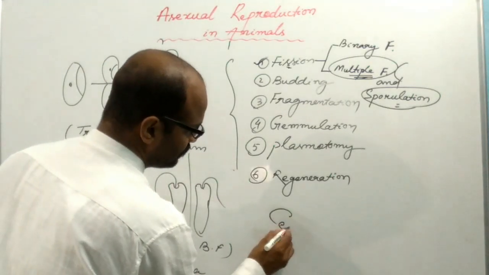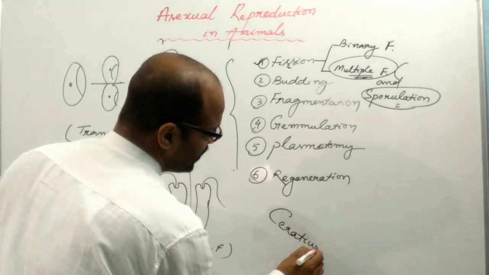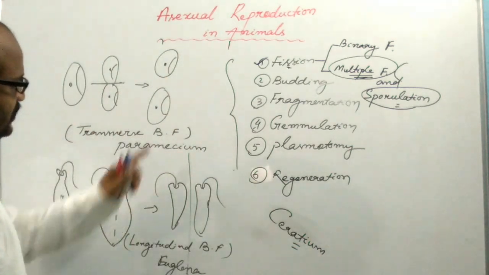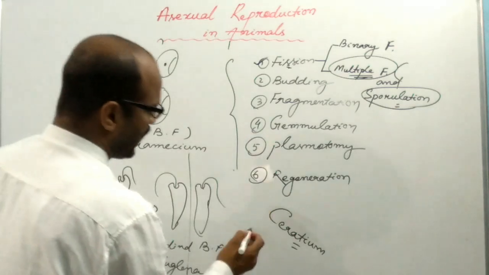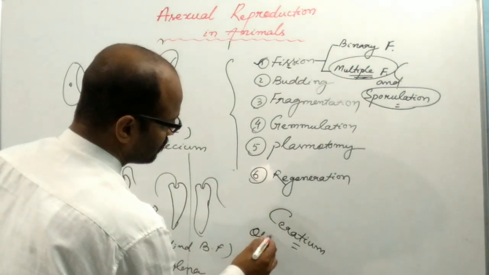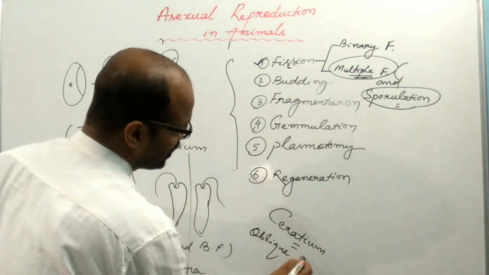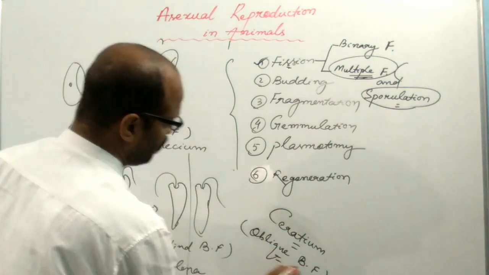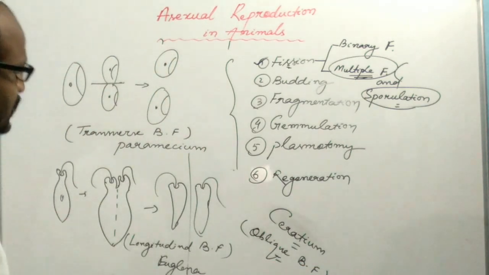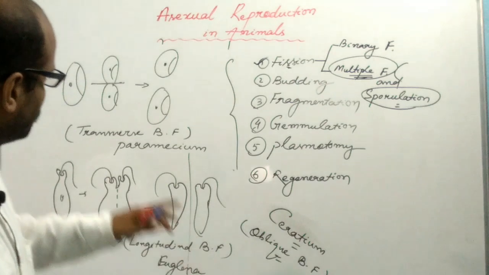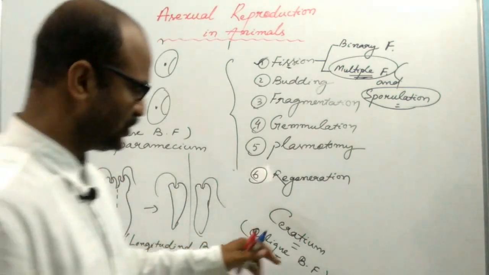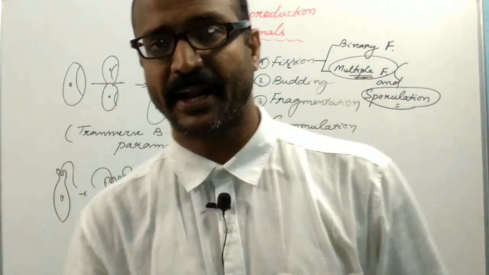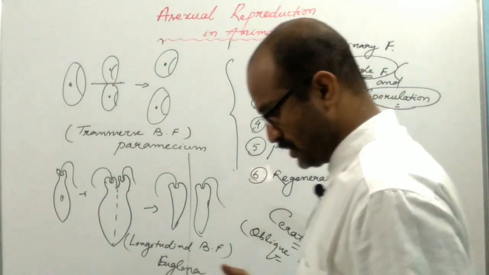In case of Ceratium, the fission plane is oblique, and such type of binary fission is known as oblique binary fission. So on the basis of the plane, binary fission may be of three types: transverse binary fission, longitudinal binary fission, and oblique binary fission.